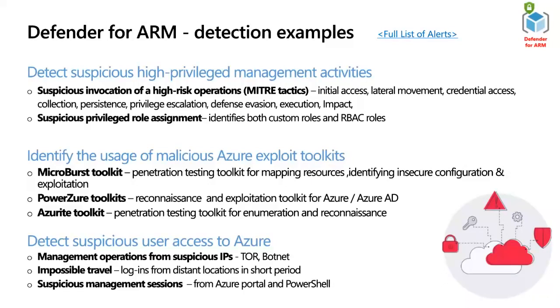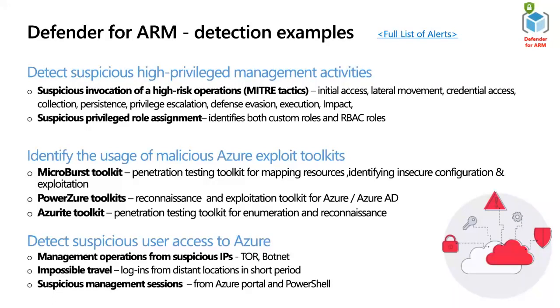However, as with any other tool developed for a benign purpose, there are also malicious people, malicious groups, that utilize and weaponize those tools. Microburst and PowerShell are very popular with those groups. They are used for pen testing, also for reconnaissance and exploiting all kinds of vulnerabilities.